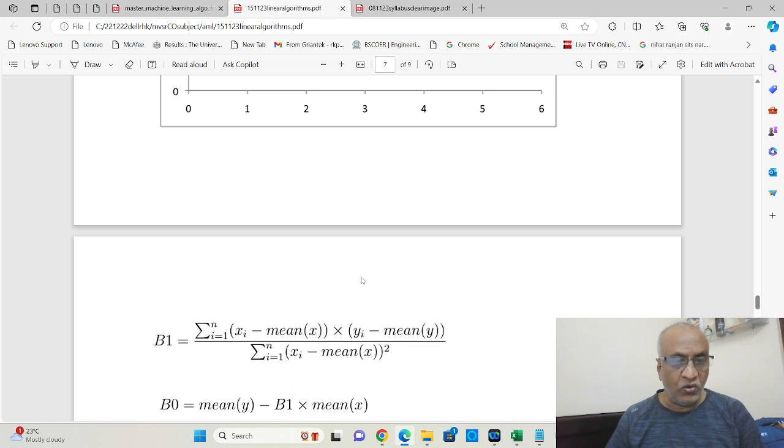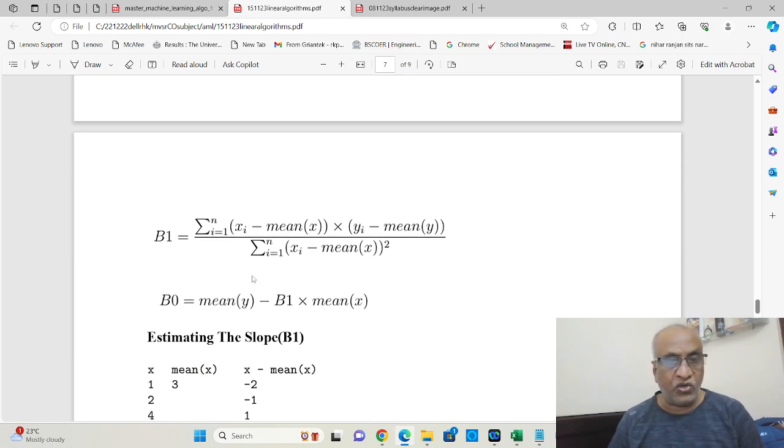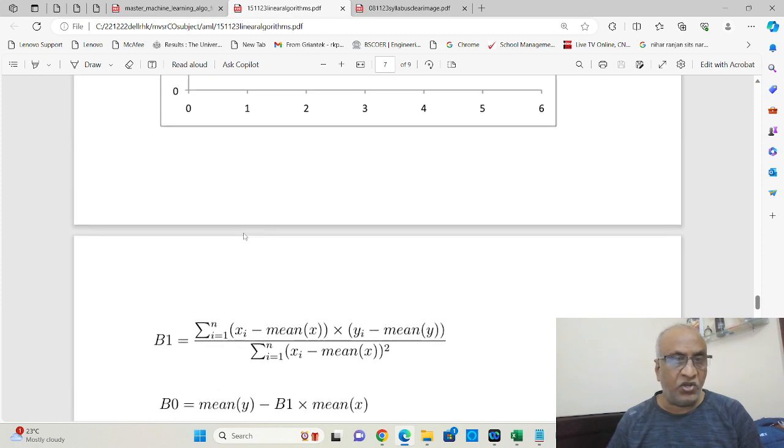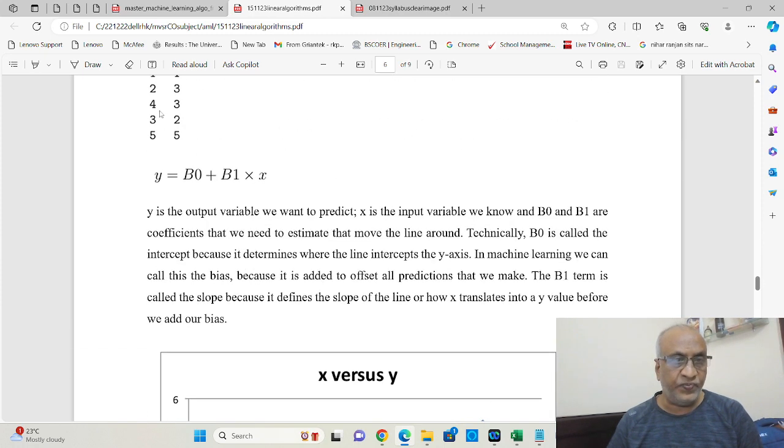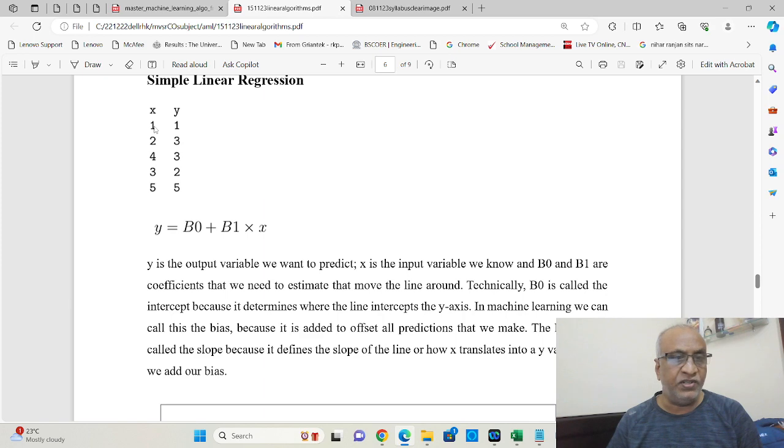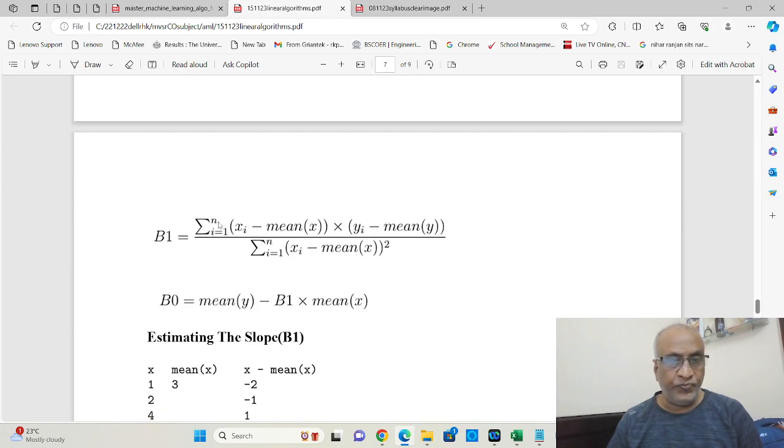Now you can calculate b1 using this formula, where xi is all the values of x starting with 1 till 5, and we are taking the summation of all of them, and the mean of x. So basically what we are doing is x minus mean of x for all the values of x and their summation.